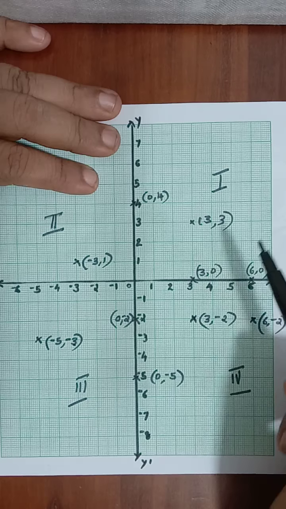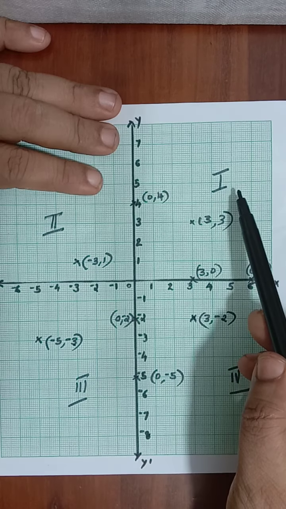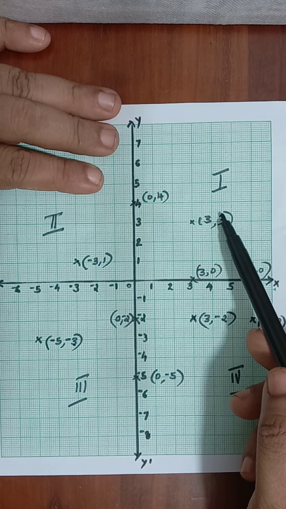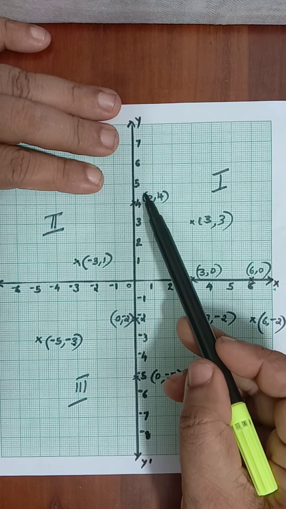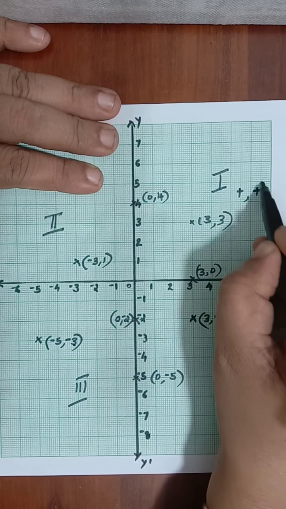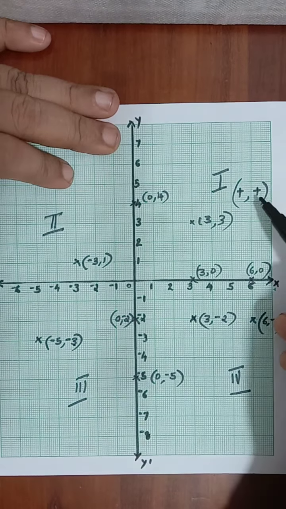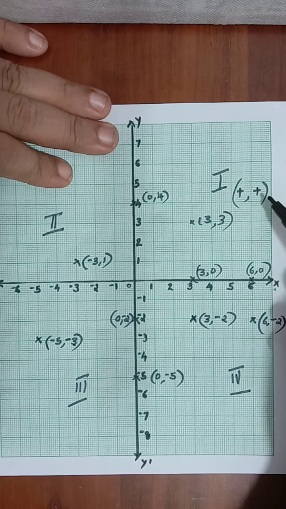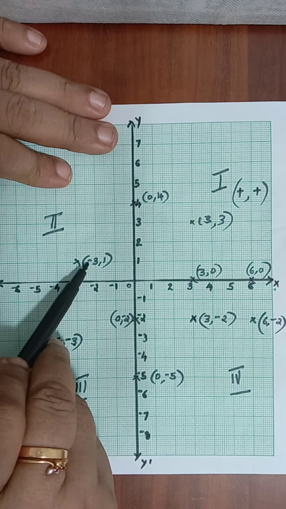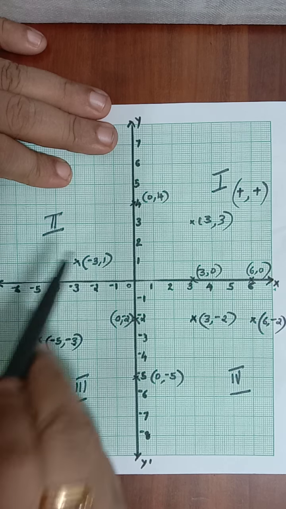Now let us revise what we have learned. In the first quadrant, x coordinate will be positive, y coordinate also will be positive. Positive, positive. First one is the x coordinate, second one is the y coordinate. In the second quadrant you can see the x coordinate is negative, y coordinate is positive.